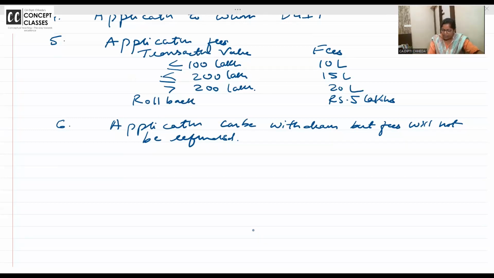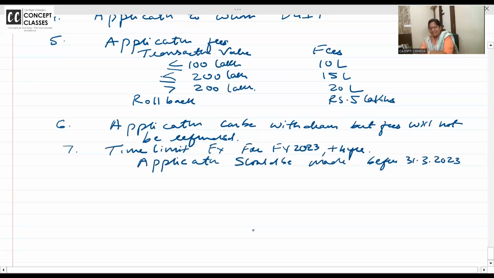Example, for financial year 22-23 plus 4 years if you want to enter, application should be made before 31st March 2023. 31st March 2023 के पहले कर लेना. Sorry, 31st March 2022. Are you all writing or not?